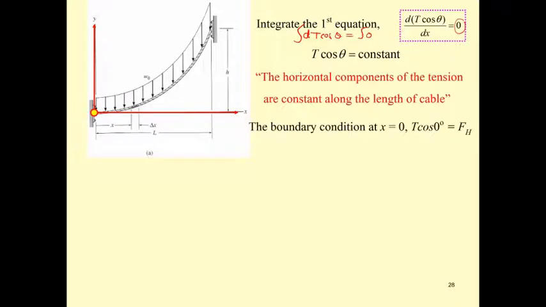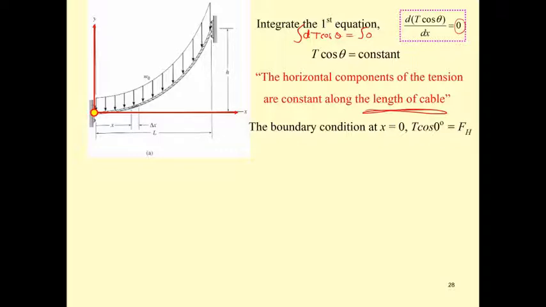That means the horizontal component of the tension is constant along the length of the cable. And with the boundary condition, as x goes from A to B, that is going to be quite a constant.